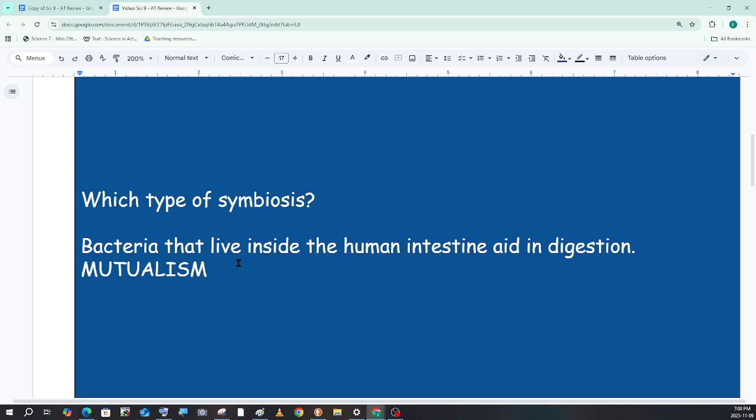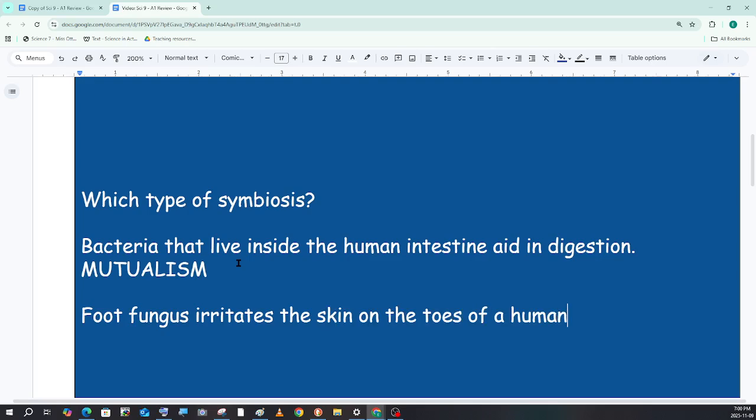All right, so here's another example. Foot fungus irritates the skin on the toes of a human.